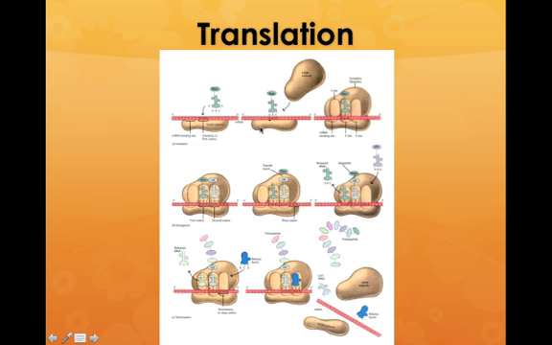So the next step: we have our first start codon AUG. We have our ribosomal subunits now attached to the mRNA. AUG with methionine is now attached. The next thing that's going to happen is that a new tRNA with its anticodon for the next codon is going to attach with its specific amino acid.